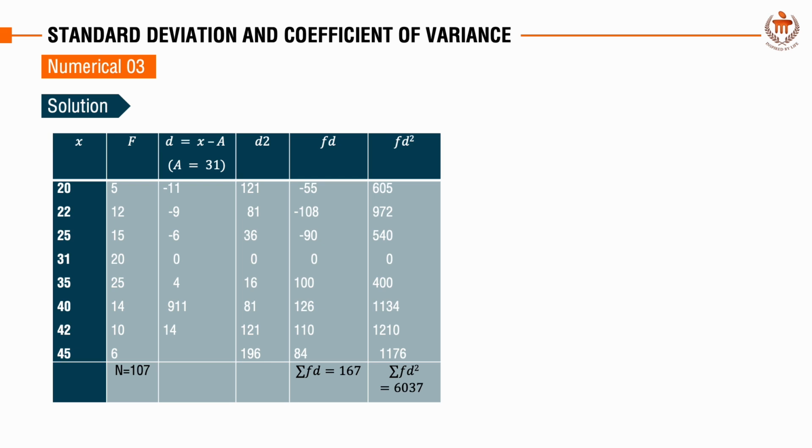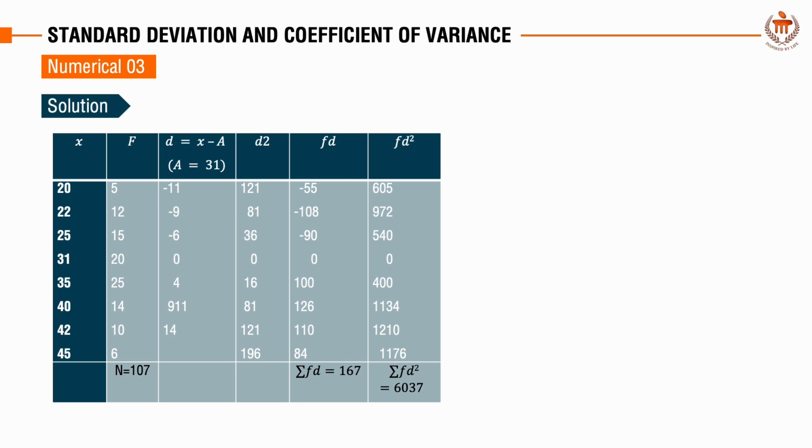So what we did, we found the difference of all these values from 31: 20 minus 31, 22 minus 31, 25 minus 31, 31 minus 31, 35 minus 31, 40 minus 31, 42 minus 31, 45 minus 31. That we noted with the small d sign.